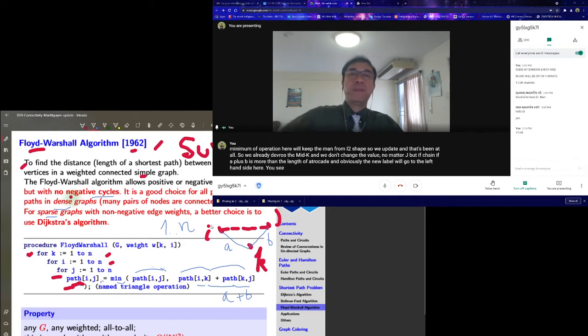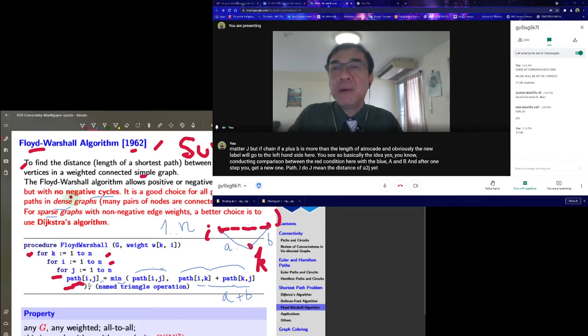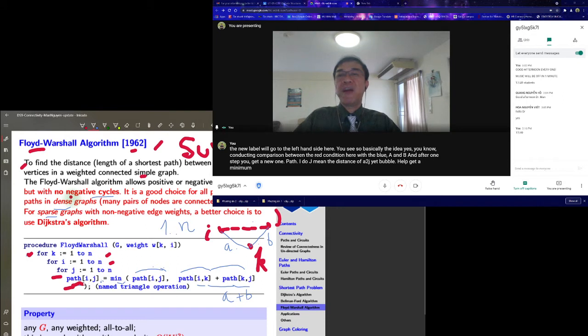So basically the idea is just conducting a comparison between the red connection here and the blue a and b, and after one step you get a new path from I to J, meaning the distance from I to J perhaps gets a minimum, or a smaller value, and that's all.